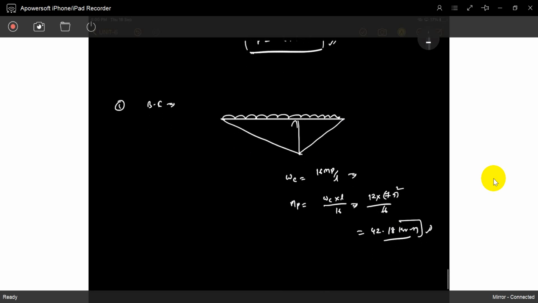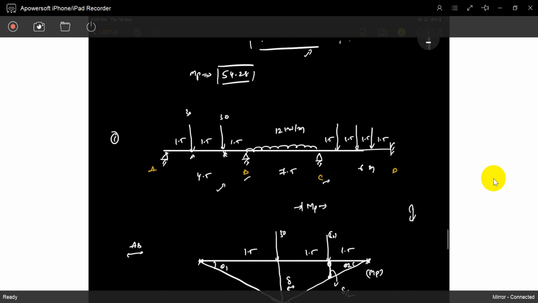That's it for BC. Next, the third possibility, CD. You have to take care of 3, but don't check. So CD, if you see, is a fixed beam. It is fixed.